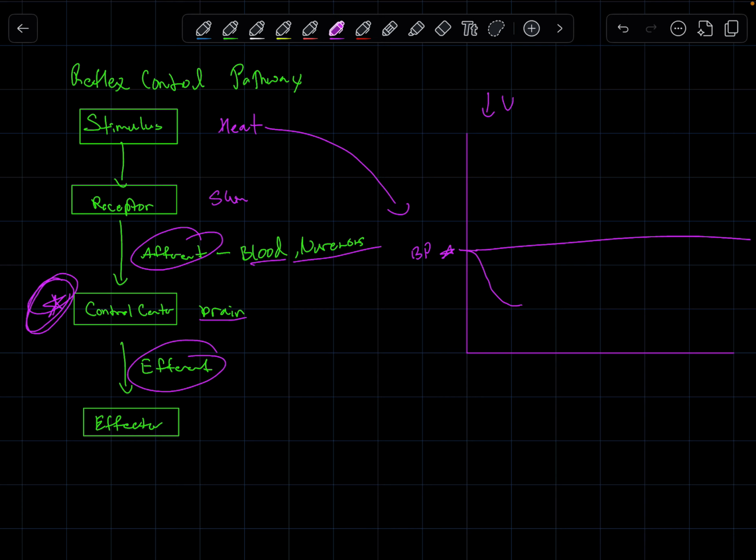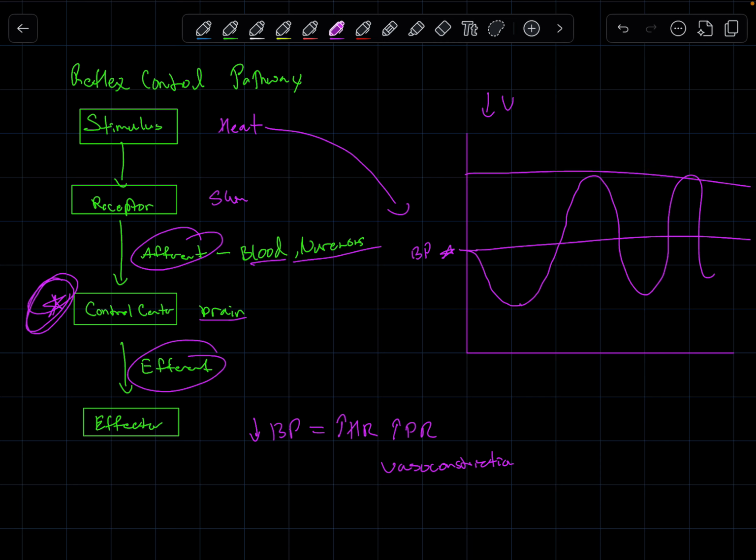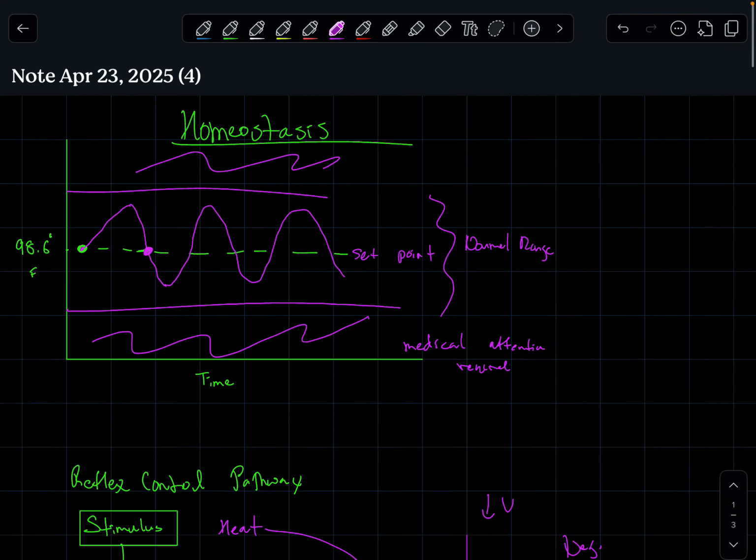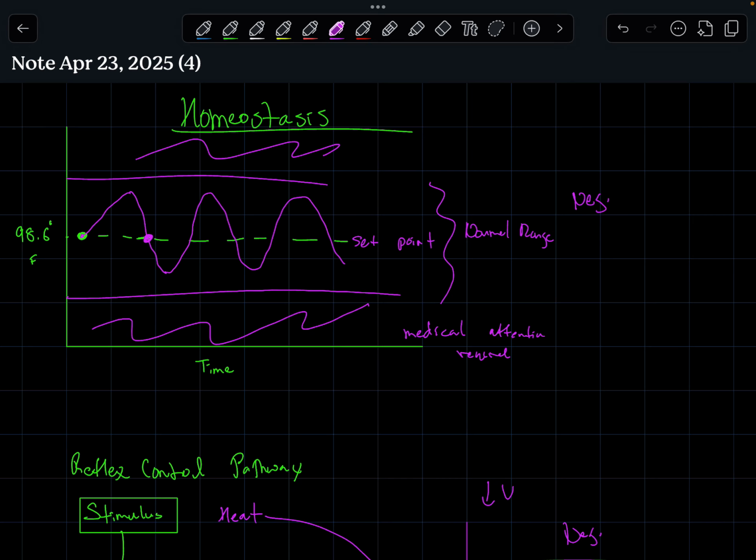For example, if our blood pressure is decreasing, let's increase our heart rate or increase peripheral resistance through vasoconstriction, bringing us back to set point and starting this process. This normal process within the normal range is called a negative feedback loop. This is a negative feedback loop, and this right here is also a negative feedback loop.